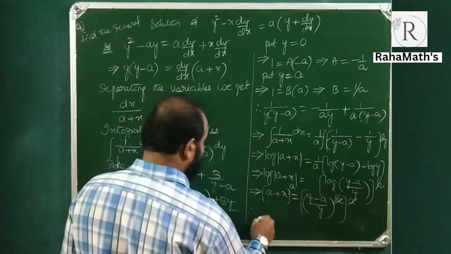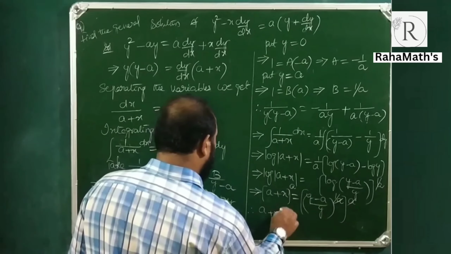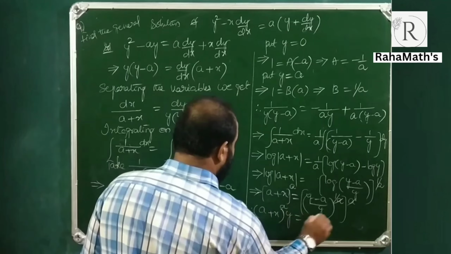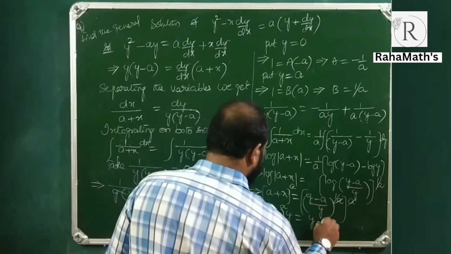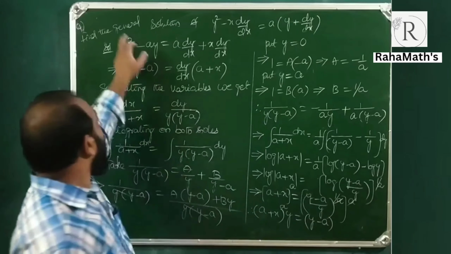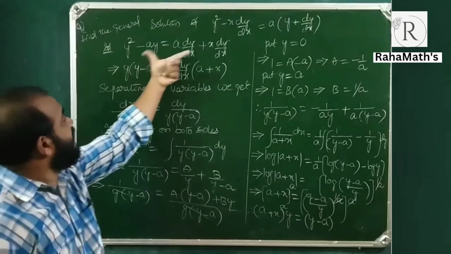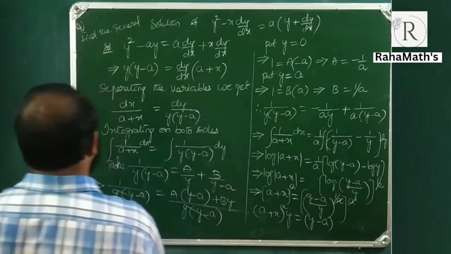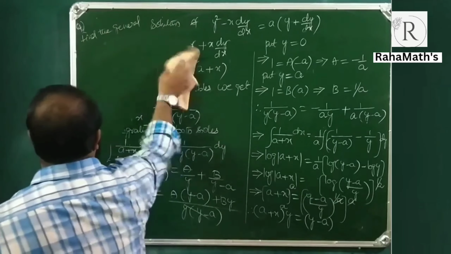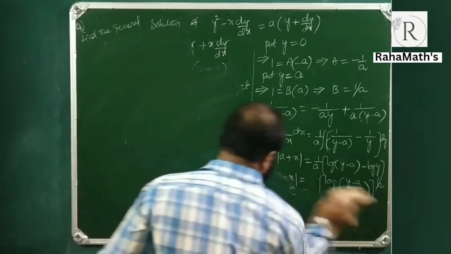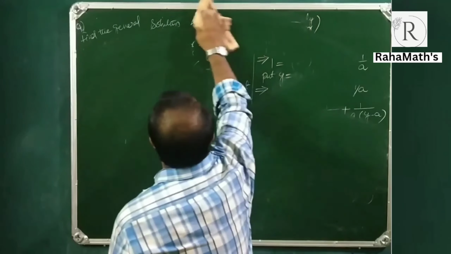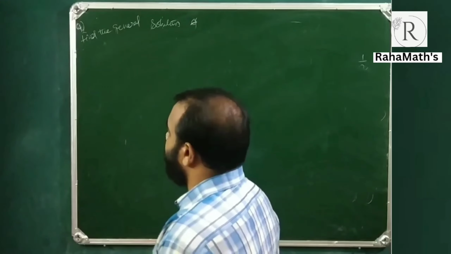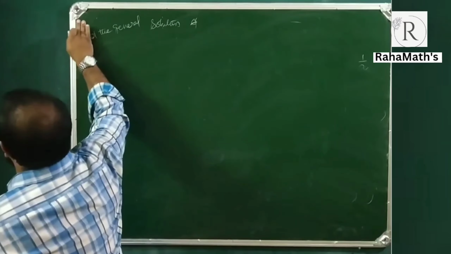Therefore, we get that a plus x whole power a into y is equal to y minus a, which is the required general solution for this differential equation. Now, the next question: let us solve the fifth question.